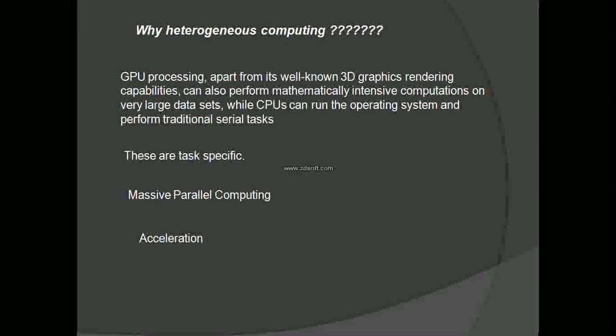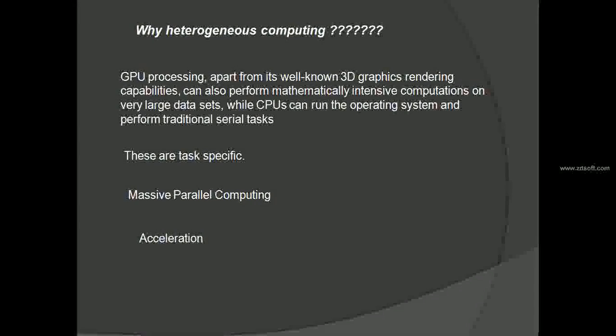This model is used for some specific tasks, such as when you have to find the factorial of a large integer like 500, then you can run the computational part on the GPU. As I told you, GPUs have many cores which can provide massive parallel computing. Massive parallel computing is a type of computing in which threads are executed simultaneously. Heterogeneous computing boosts performance and accelerates computation by performing parallel computation.